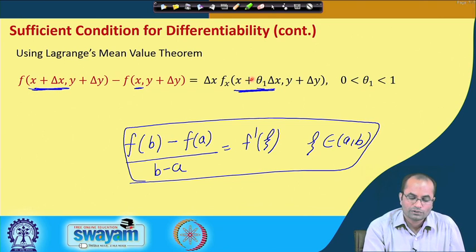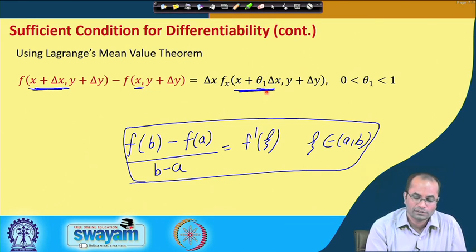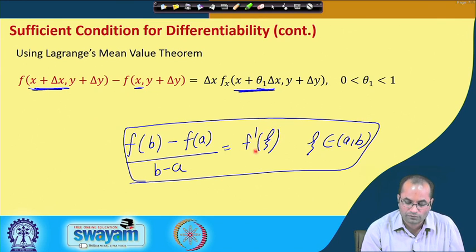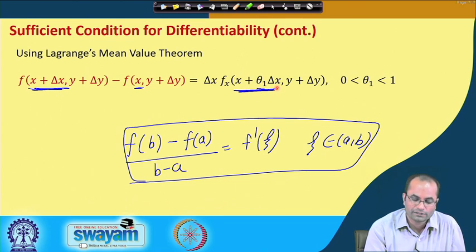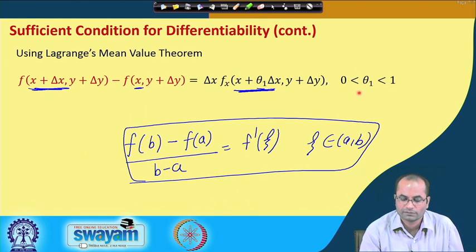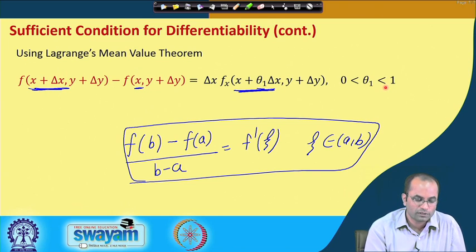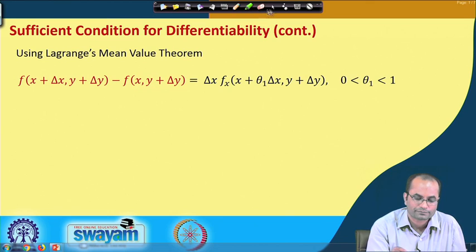When it is close to 0, the argument is close to x, and when it is close to 1, it goes to x plus delta x. So exactly like Xi in the open interval (a, b), we have this argument x plus theta 1 delta x for theta 1 between 0 and 1. So we have the Lagrange mean value theorem now.